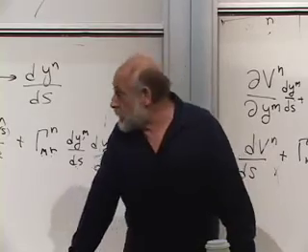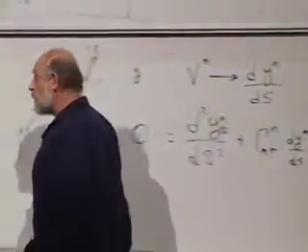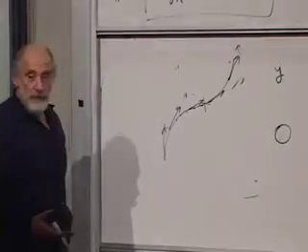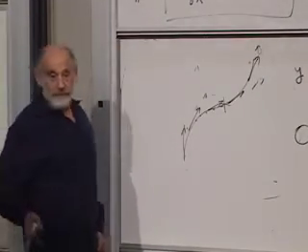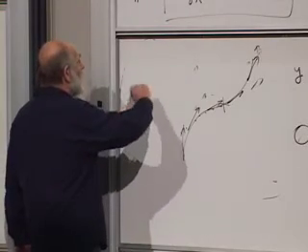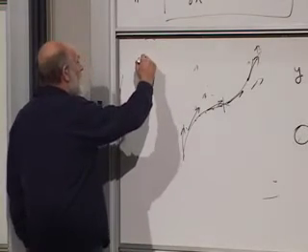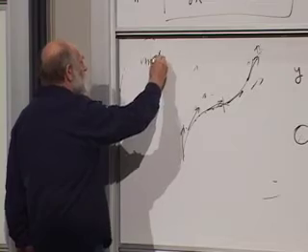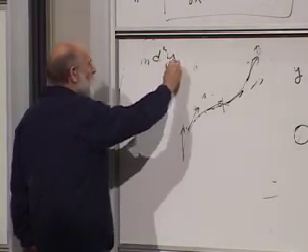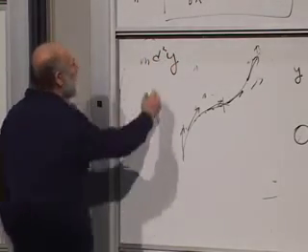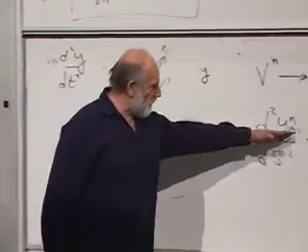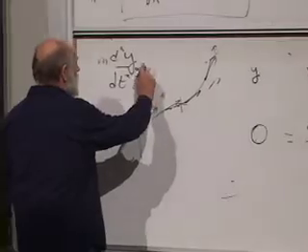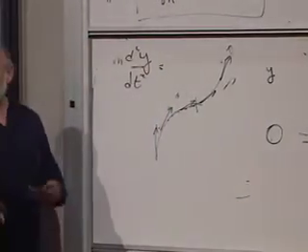How about Newton's equations? What's Newton's equation for the motion of a particle in a gravitational field? It's F equals ma. Ma is mass times the second derivative of position, let's call position y, with respect to time. And then what's on the right-hand side? The gravitational force.